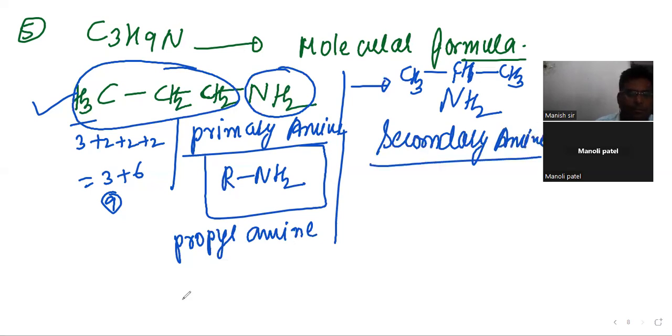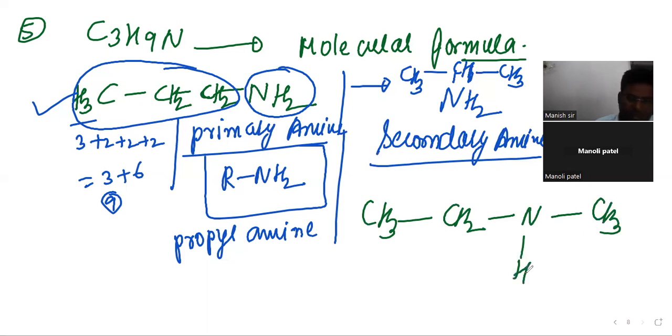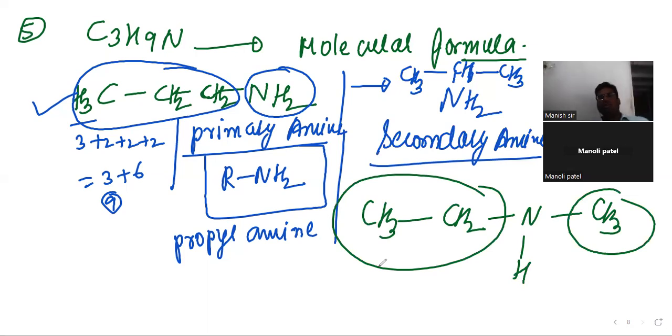Now see the next. It can be like this also: CH3, CH2, NH, CH3. Here it is a secondary amine. Next is also possible: CH3, N, CH3, CH3.